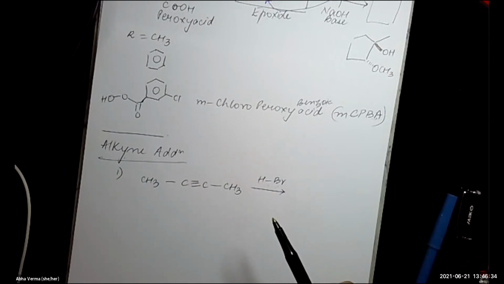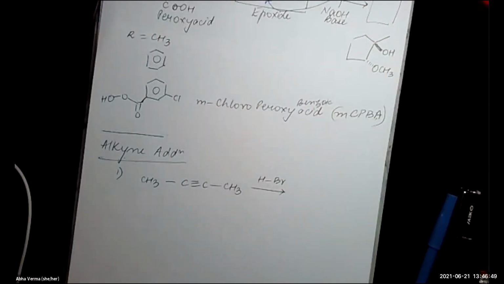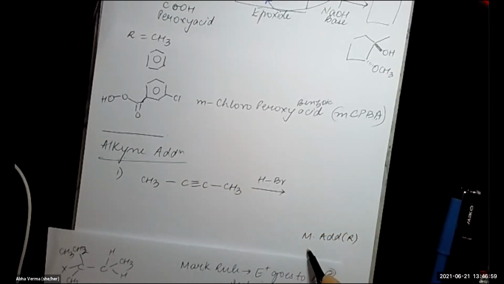When I had my binary reagent with my alkene, I did get hydrogen on the less substituted, and my more substituted was where I got my bromine or wherever my halogen was. So alkynes also follow the Markovnikov addition. So the regiochemistry will be Markovnikov's.